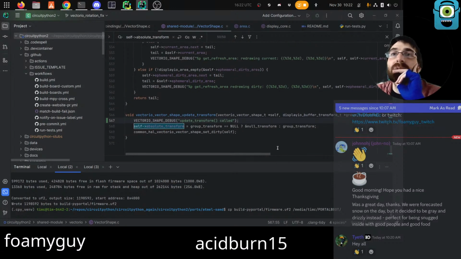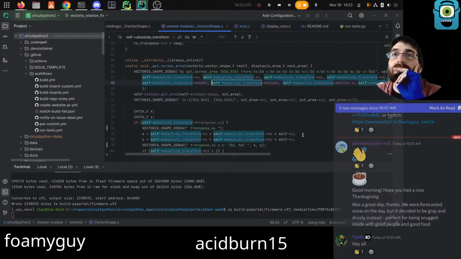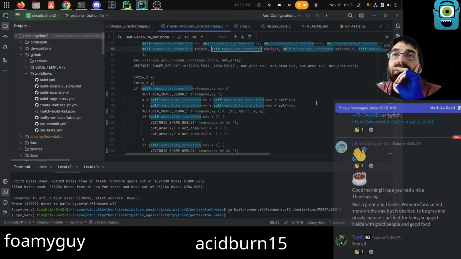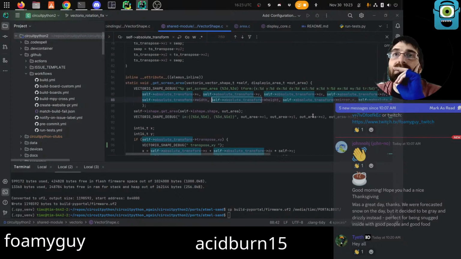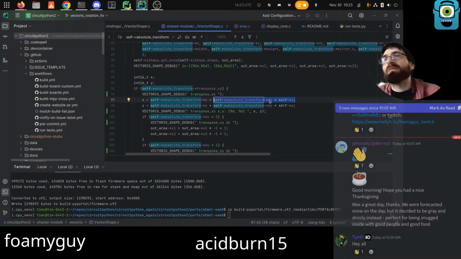That seems like absolute transform x y. It's not distance.